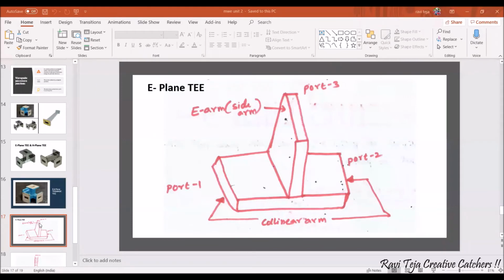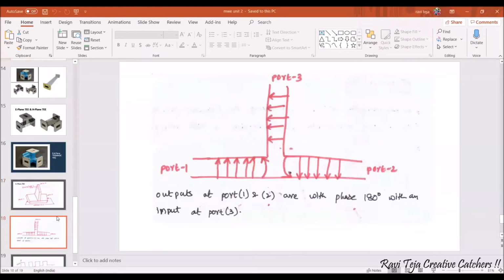So whenever an electric field comes from the E arm, port 3, it comes out from port 1 as well as port 2, but with a phase shift of 180 degrees.